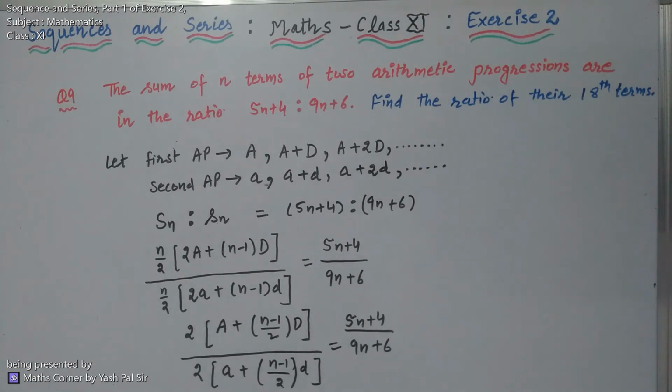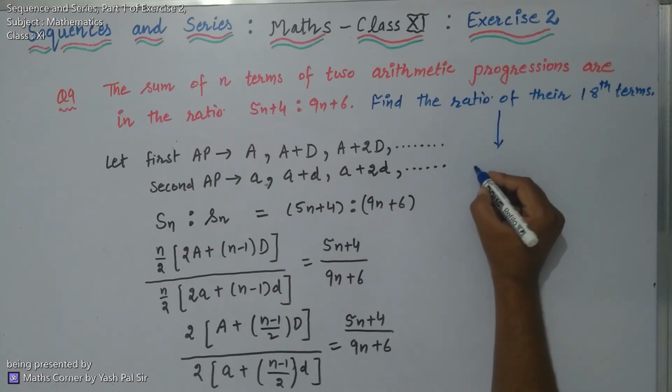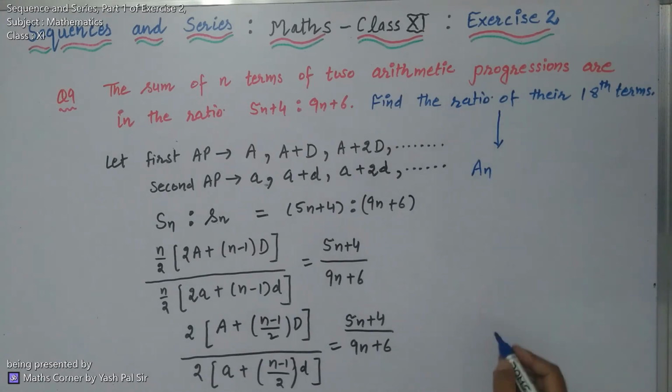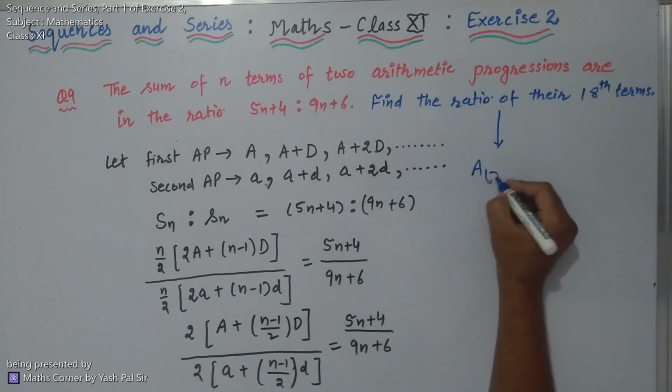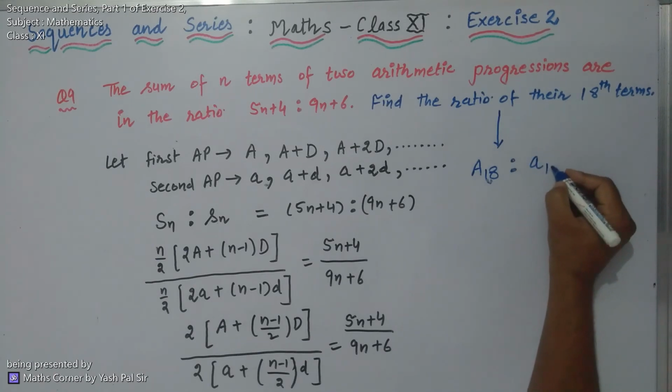Now coming to the second part of the question, find the ratio of their 18th terms. So this means we need to find the ratio of A18 to small a18.